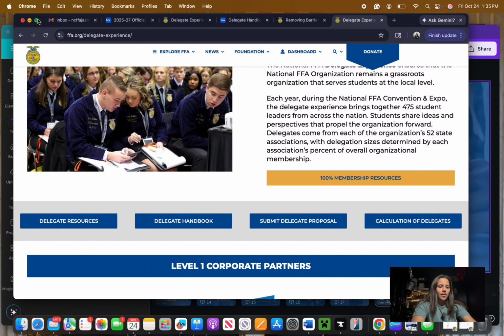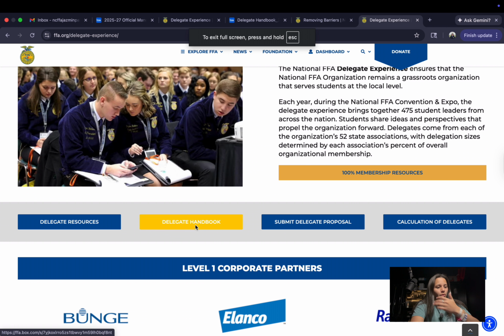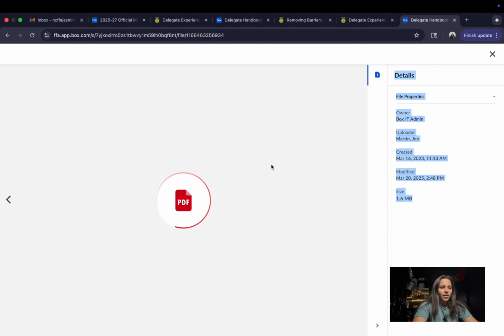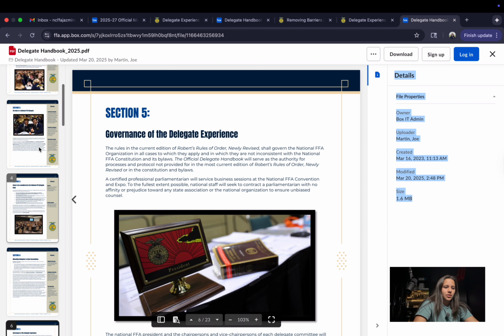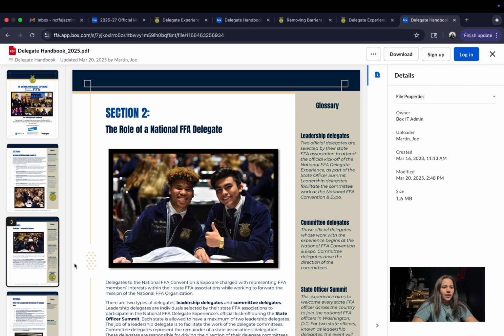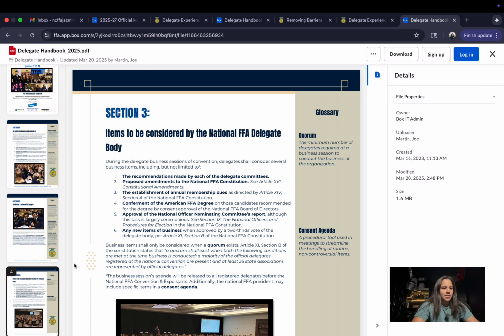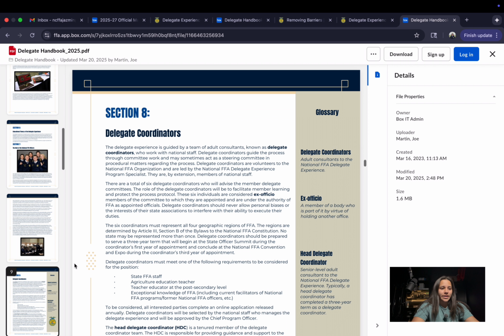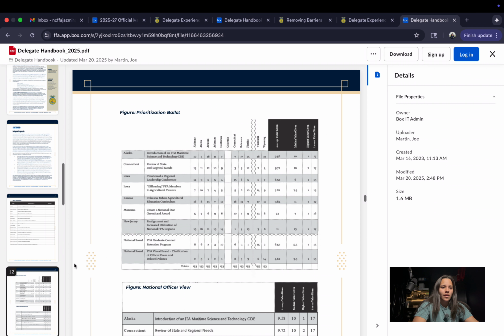The delegate handbook is where I pulled a majority of the information from that was in the presentation. It talks about the guiding principles, the role of a delegate, items to be considered, how you allocate it, all of the good stuff in more detail than we just went over.